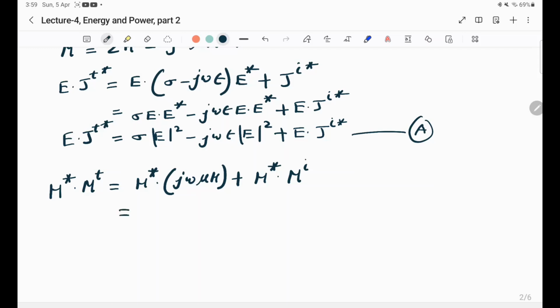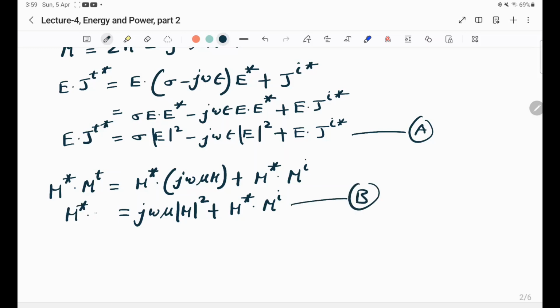Now we expand this and we will get j omega mu mod of H whole square plus H conjugate times Mi. Let's call this equation number B. So this is our H conjugate dot M total.